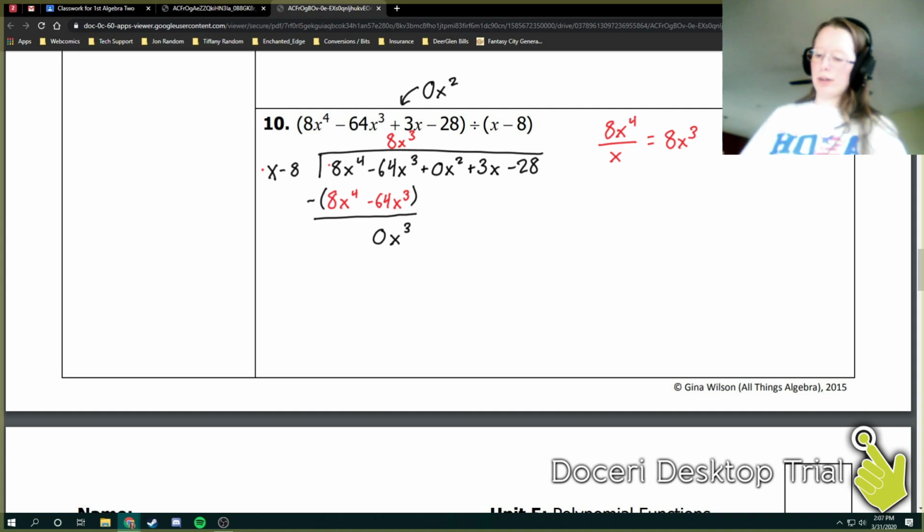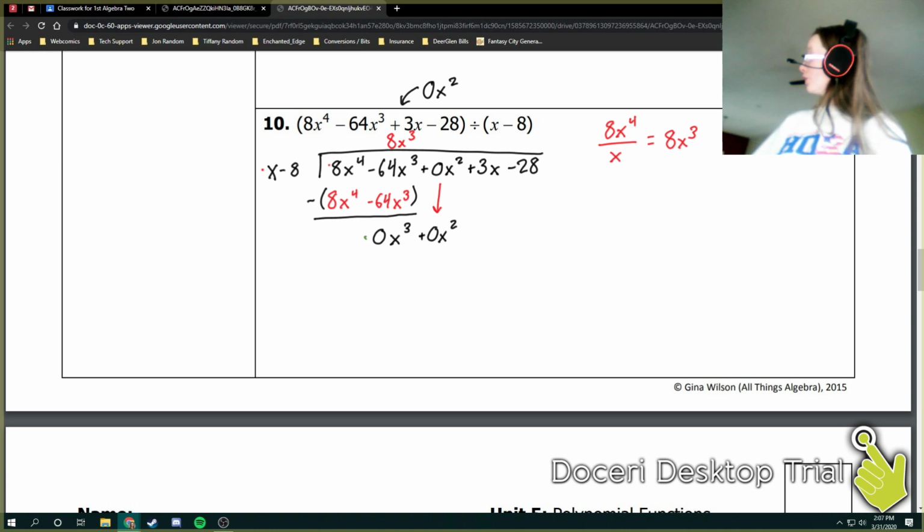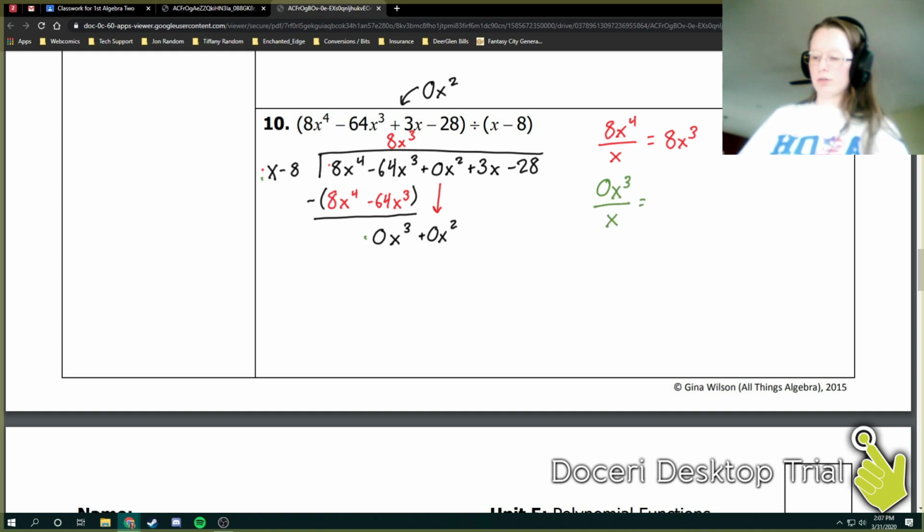Still going to bring down the next term and keep going from there. It's a little strange right now. We have all zeros. So first term divided by first term. So 0x cubed divided by x. Just work with me here. 0x squared. Yeah, it's still 0.